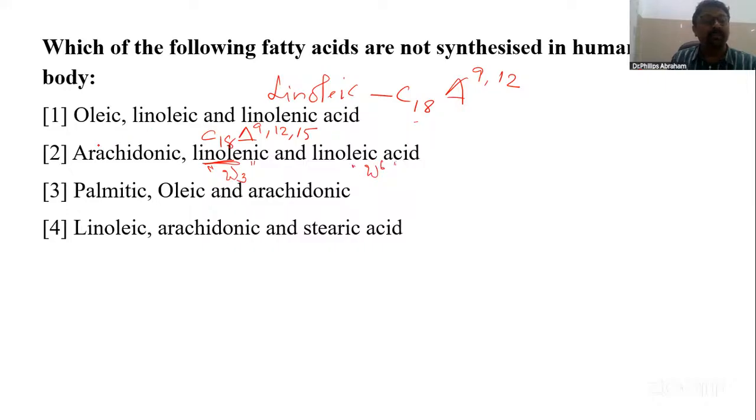And we have arachidonic acid. It contains 20 carbons, with double bonds at positions 5, 8, 11, and 14. Then, what are the main functions of it?